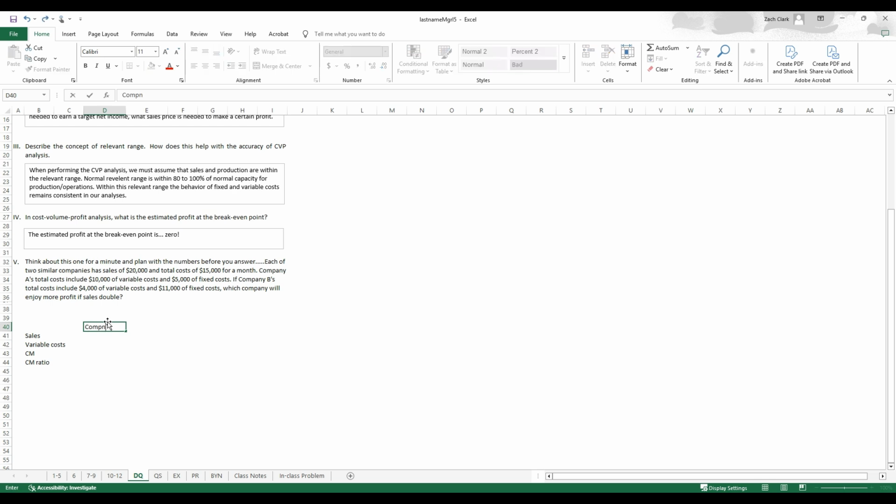Let's do company A and company B. Okay. So when we're looking at these two companies, we want to look and see what is our contribution, just like we've laid it out here. What's our contribution margin? Sorry, I spelled that wrong there.